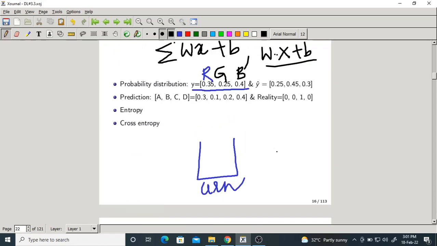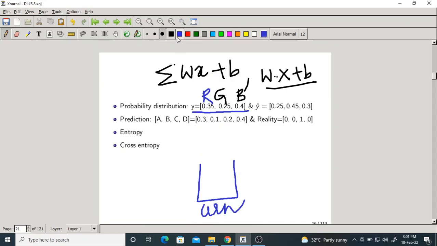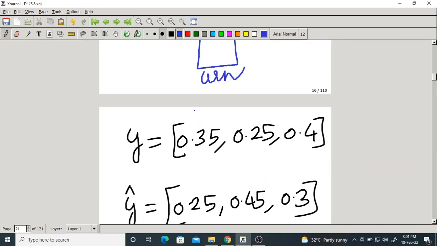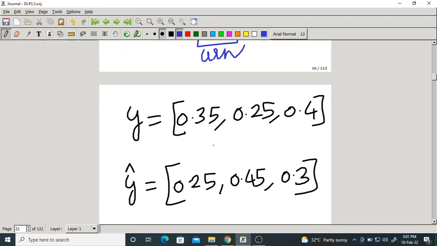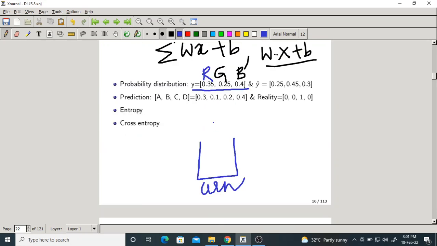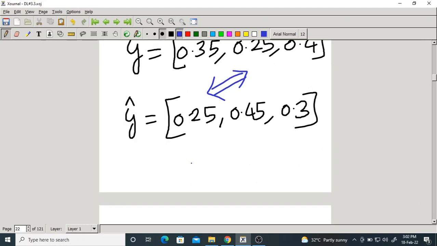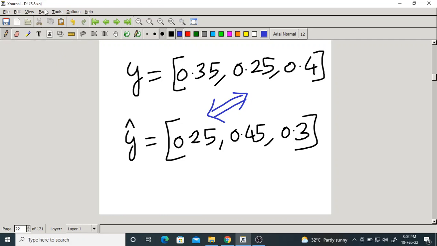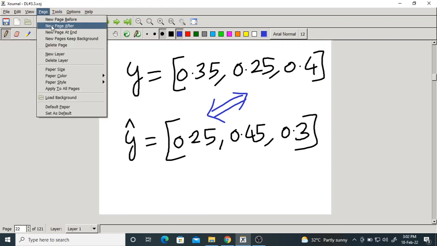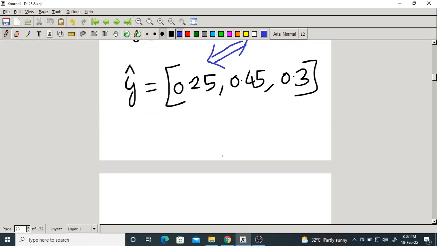Obviously there is a deviation from the actual values, so there is an error. These are the actual probability distribution and the predicted probability distribution of a certain experiment. How do we find the error?